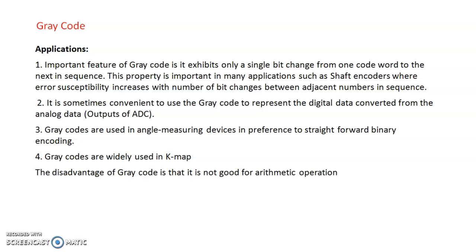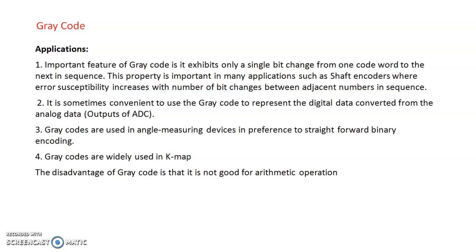So these are the gray code applications. First, an important feature of gray code is that it exhibits only a single bit change from one code word to the next in sequence. This property is important in many applications such as shaft encoders, where the error susceptibility increases with the number of bit changes between adjacent numbers in a sequence.